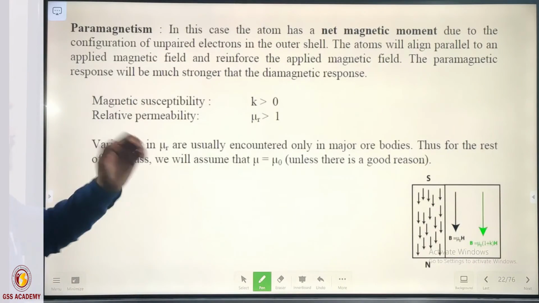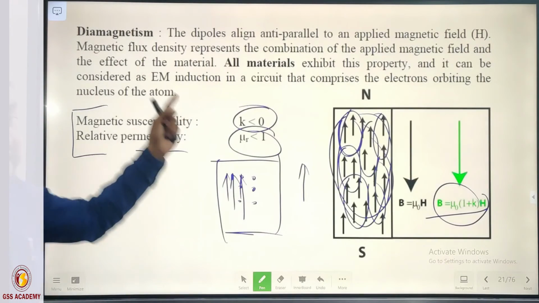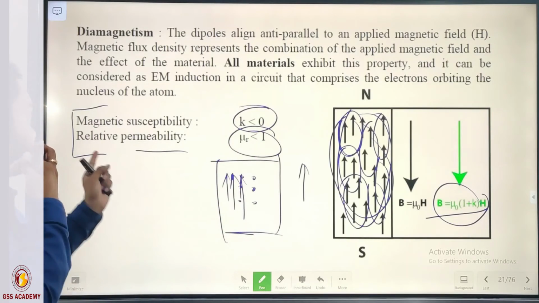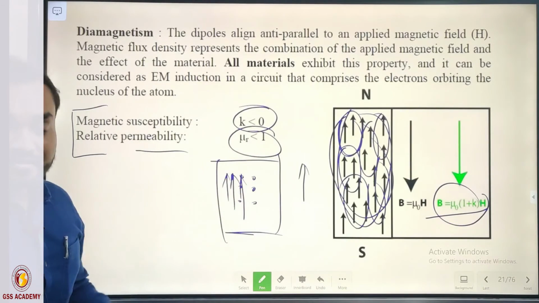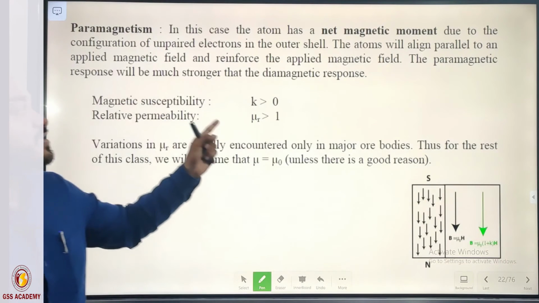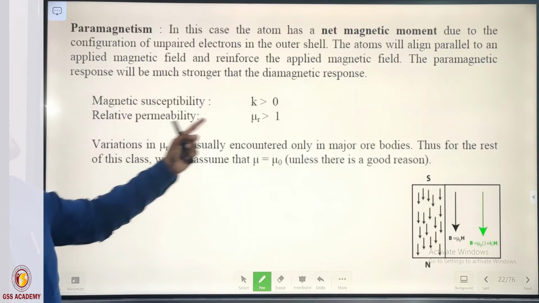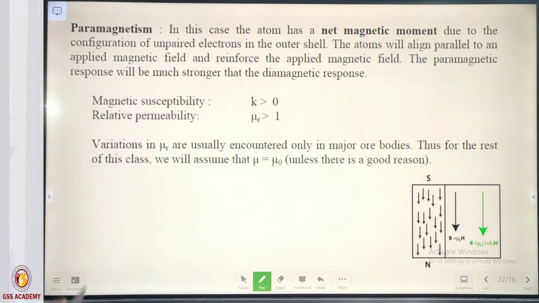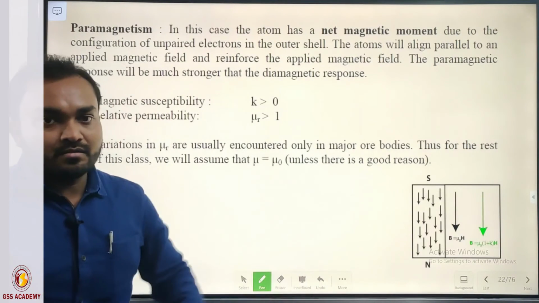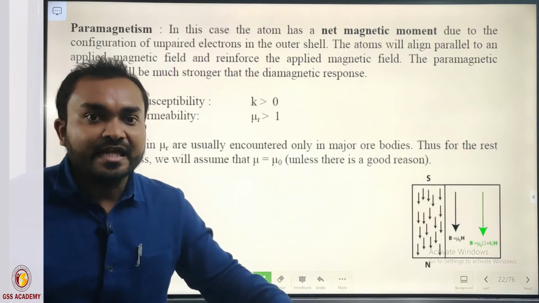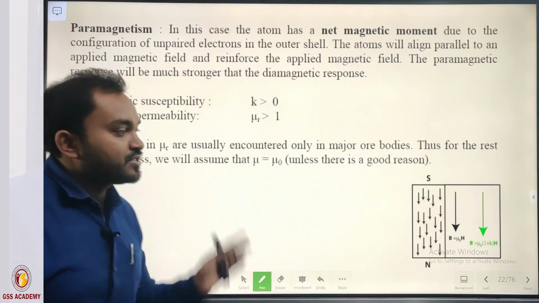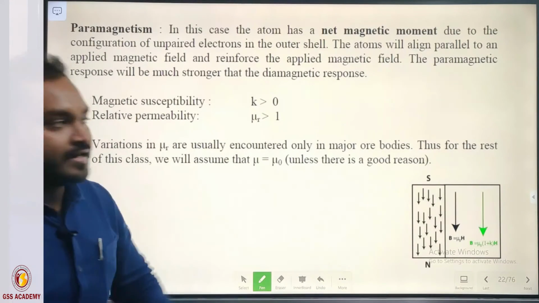Similarly, in diamagnetism the magnetic susceptibility is less than 0 and the relative permeability is less than 1. In paramagnetism, the magnetic susceptibility is greater than 0 and the relative permeability is also greater than 1. So in this case your molecular magnetic field will be aligned to your applied magnetic field in the same direction, and the resultant magnetic field will be higher.